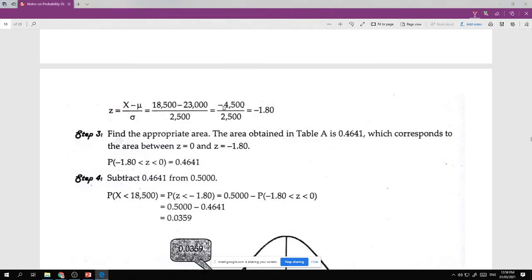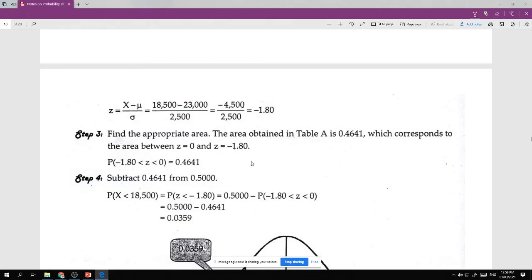So you have negative 4,500 divided by 2,500. That's negative 1.8. Then go to your table right away. What is the value of 1.8 in your table? The value is 0.4641.